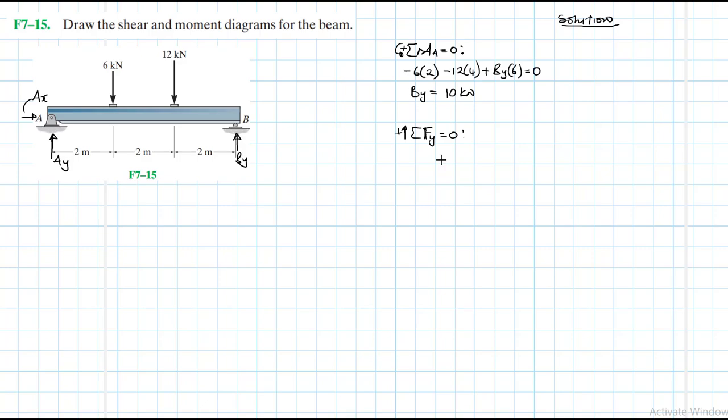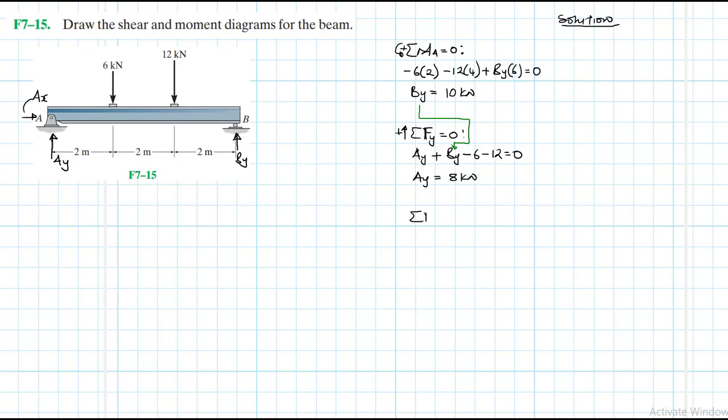Then we have summation of forces in the y for us to find the value of Ay. So we'll have Ay plus By minus 6 minus 12 is equal to 0. Therefore, our Ay is just going to be equal to 6 plus 12 minus 10. Ay is equal to 8 kilonewtons.